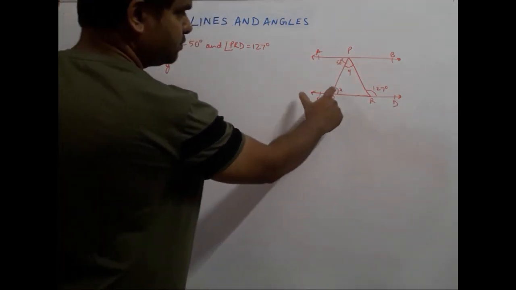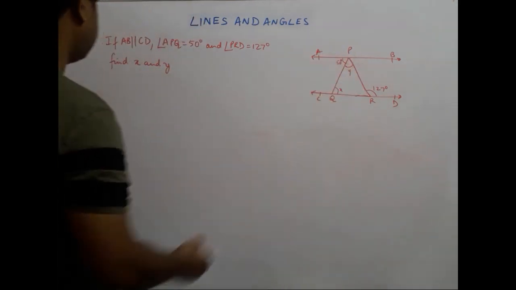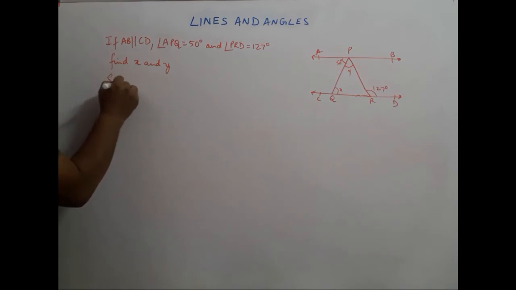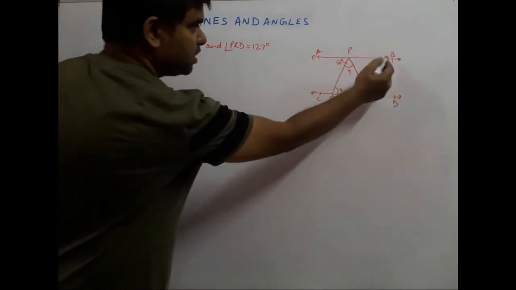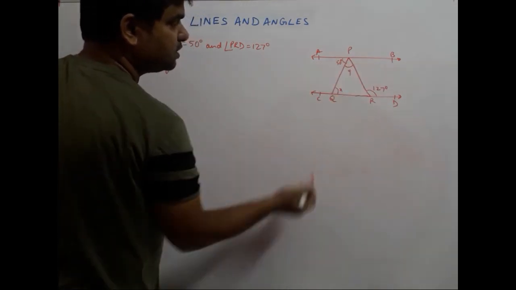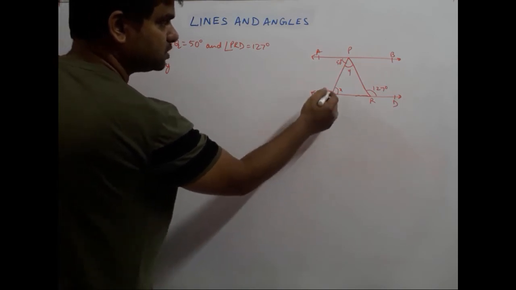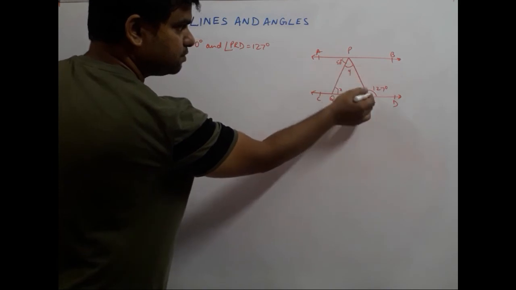We need to find these two angles, X and Y. Since these two are parallel, we can use certain properties of parallel lines and transversal. There are two transversals in this triangle. One transversal is PQ and the other transversal is PR.